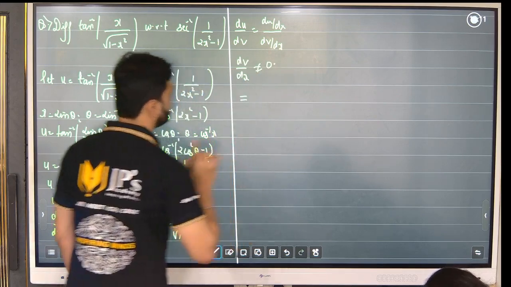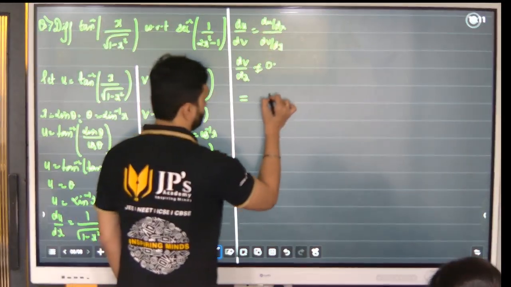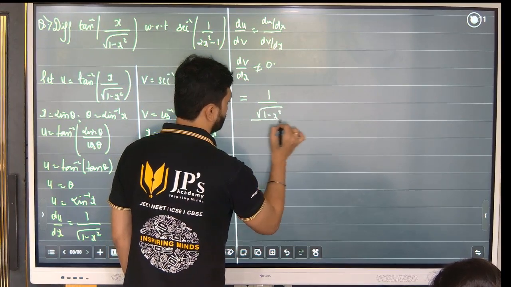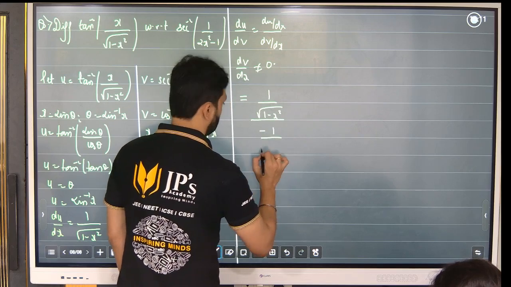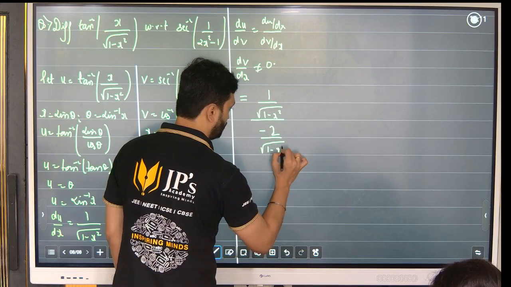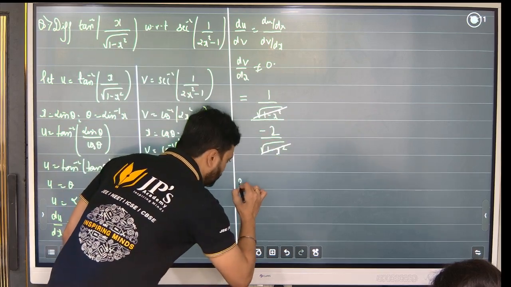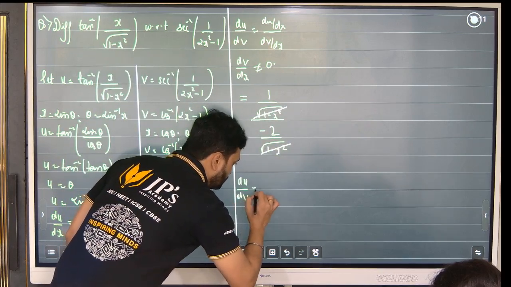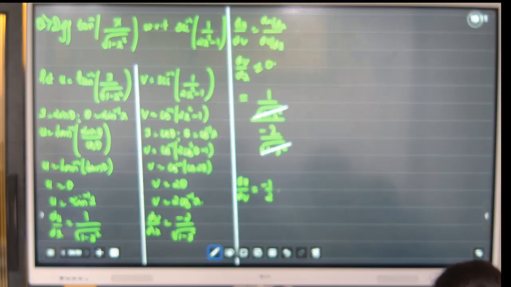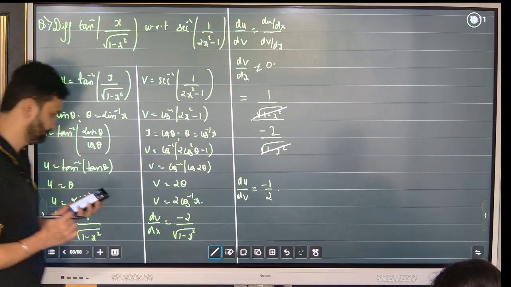And now when I substitute, this is my du by dx, 1 upon root of 1 minus x square, divided by minus 2 upon under root of 1 minus x square. This gets cancelled, therefore du by dv is equal to minus half. Have you guys understood this? Anybody has any doubts here?